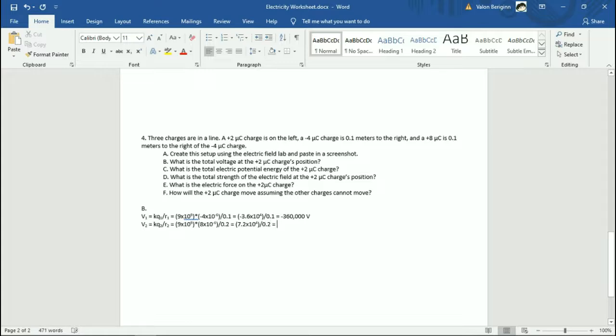If you may notice how this works here, this is also going to be 360,000 volts. So, what is the total voltage? Well, negative 360,000 plus 360,000, which is 0. So 0 volts is actually your answer for B.